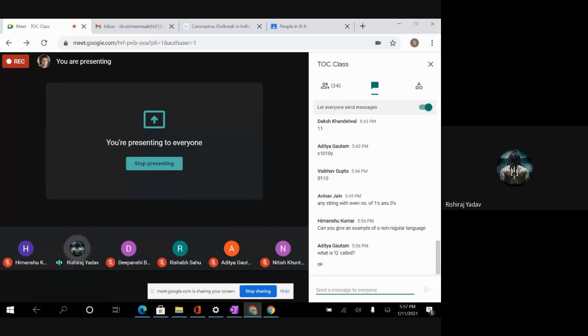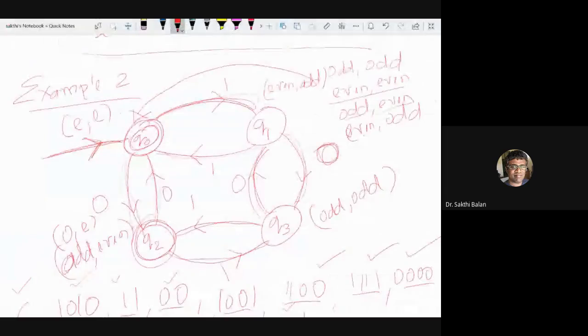Sir, can you please explain question 2 once again? How do we get even, odd, even? See, when you are starting the processing, you are at Q0, and that means you have not read any symbol. So you have read 0 zeros and 0 ones.